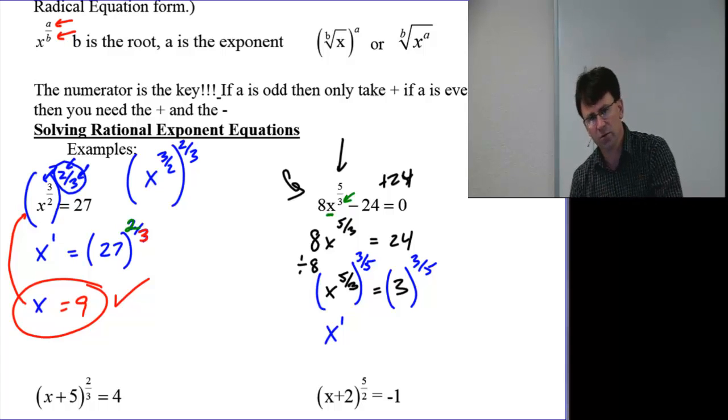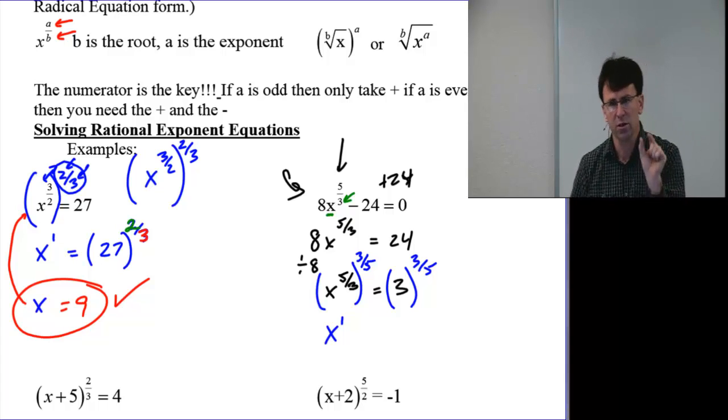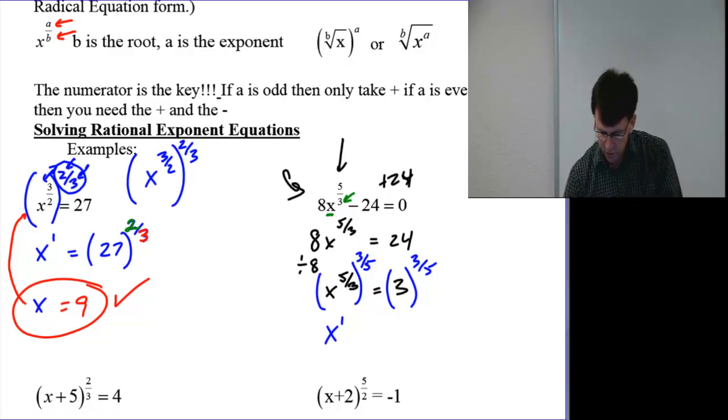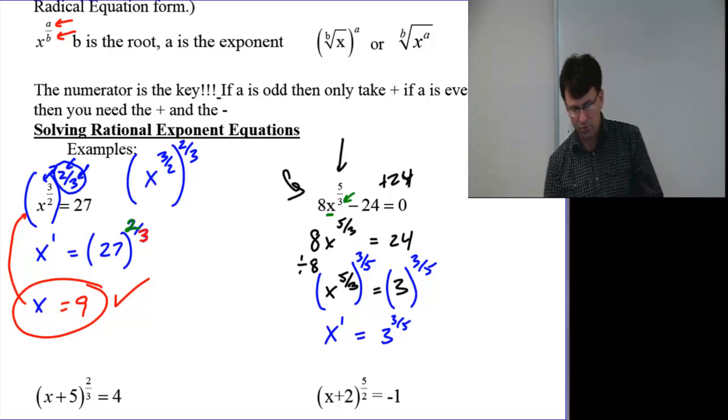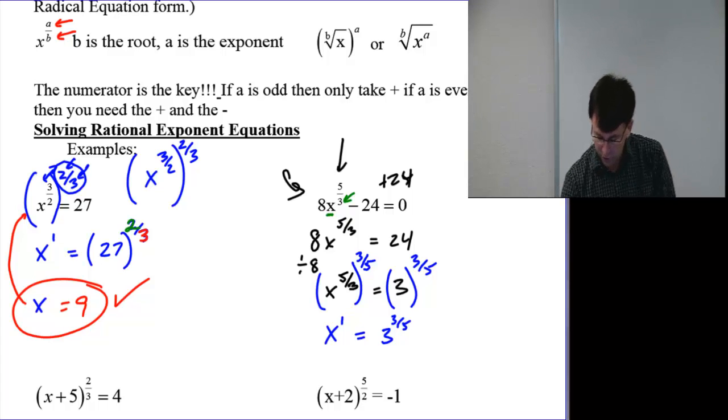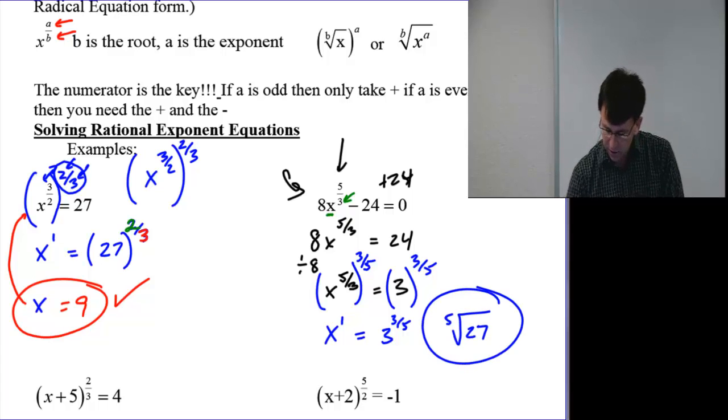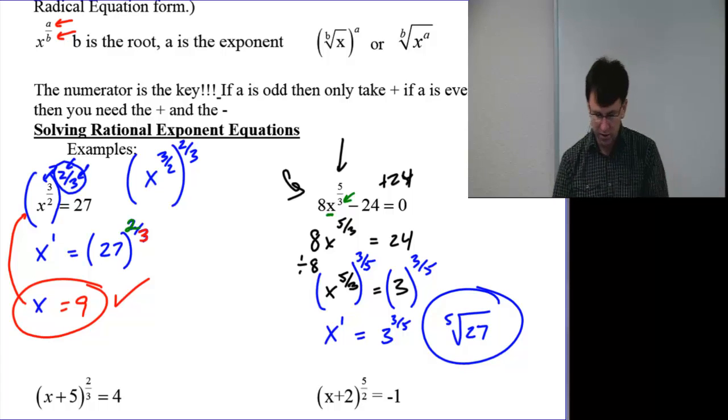Take the 5th root of each side. It does not introduce a plus or minus, only the evens do. And so at the end of the day, I end up with x equals 3 to the 3/5. Technically, that's the 5th root of 27, if you want to write it in radical form, but 3 to the 3/5 is going to be my answer.